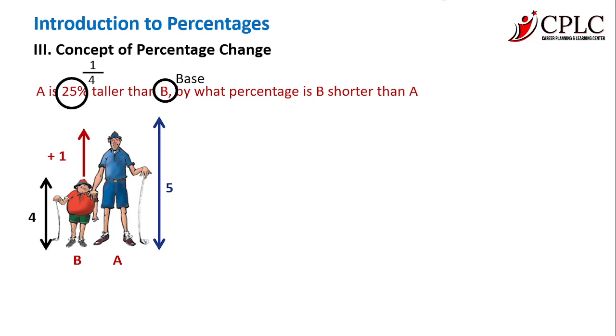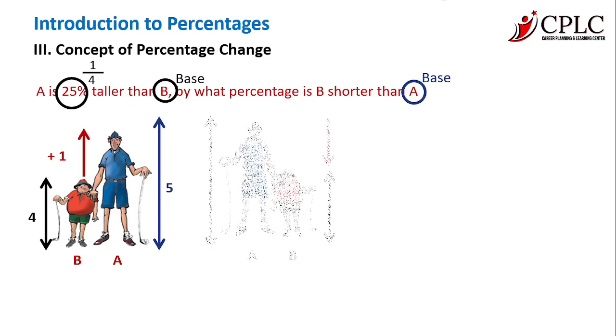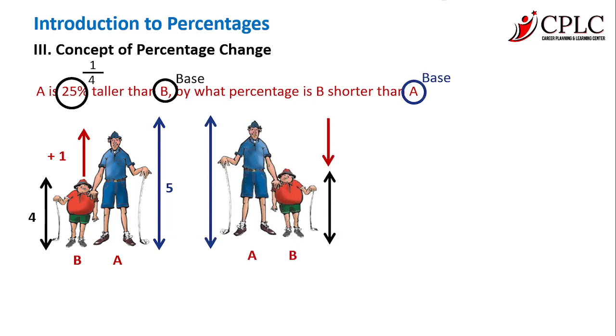And we know now in the second half the comparison is happening with A, for example, because it is mentioned by what percentage is B shorter than A. So the base value is A, and A we have already figured out, which is 5 parts from the first half of the statement. So in the denominator we'll have 5 as the number, and then they are saying B is shorter from A by how much? So we know the answers of B and A from the first go.